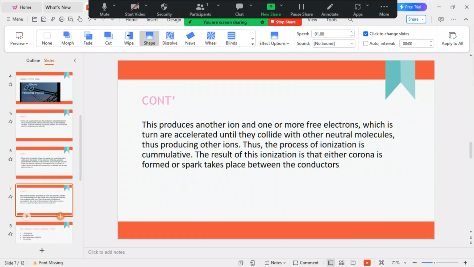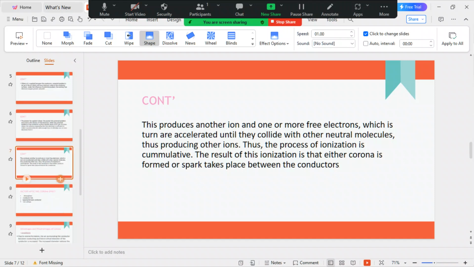This produces another ion and one or more free electrons, which in turn are accelerated until they collide with other neutral molecules, thus producing other ions. Thus the process of ionization is cumulative. The result of this ionization is that either corona is formed or a spark takes place between the conductors.